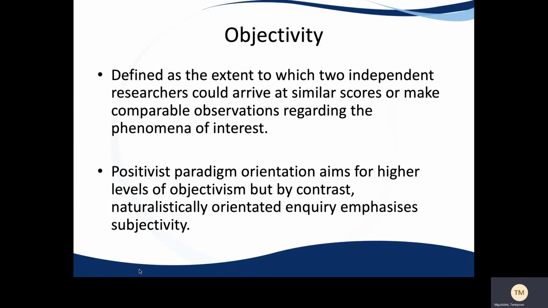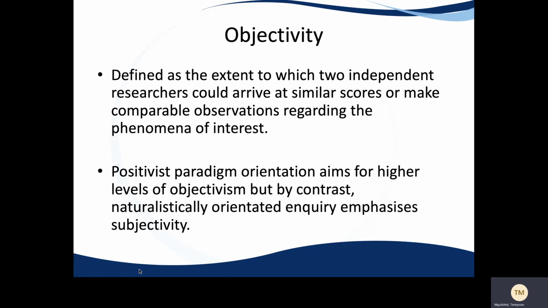Then, of course, the other dimension that is of interest is this competition between objectivity and subjectivity. Remember that with objectivity, we are really saying that we're interested in the extent to which two independent researchers would arrive at similar scores if they were querying something.